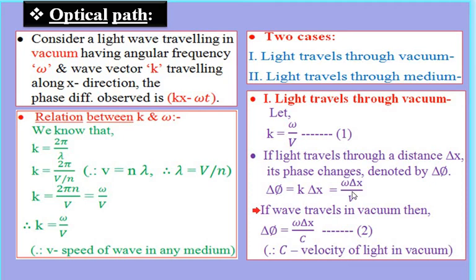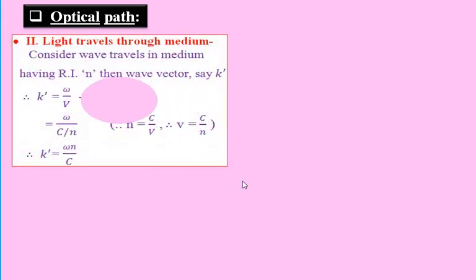Putting the value of k, which is omega divided by v, we get delta phi equal to omega into delta x divided by v. If the wave travels in a vacuum, then delta phi is equal to omega into delta x divided by c. Here v is replaced by c because light travels in a vacuum, and c is the velocity of light in a vacuum.